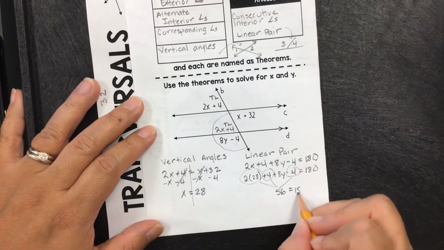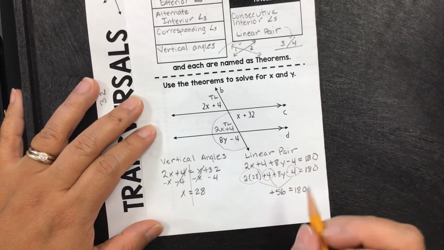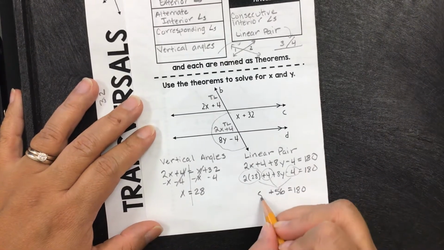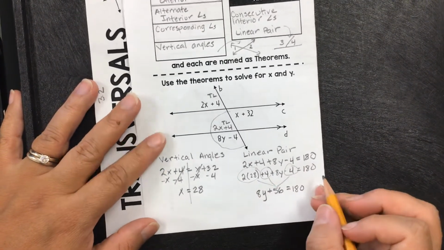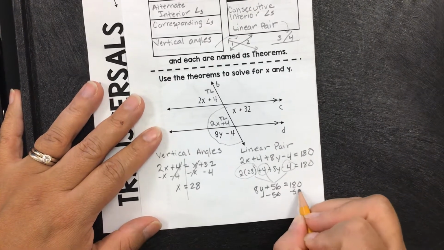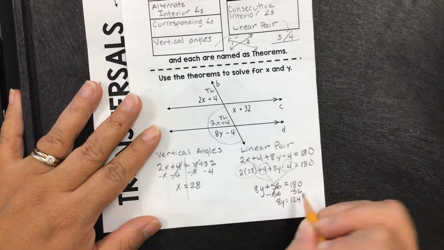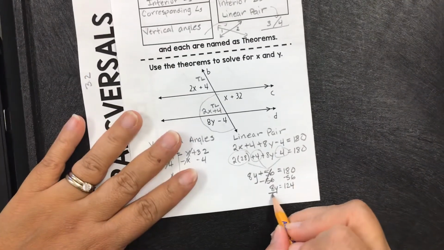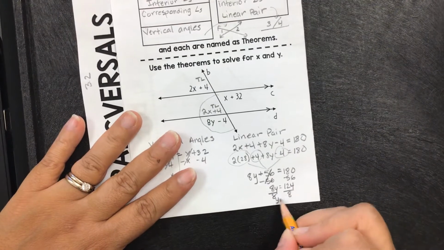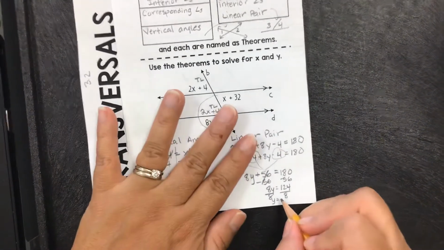It's still equal to 180, and you have to put the plus because the 56 came out to be positive, and then the 8y. You're going to subtract 56 from both sides. 8y is equal to 124. Then divide by 8. y is equal to 15.5.